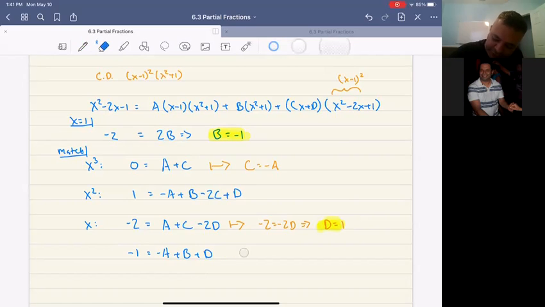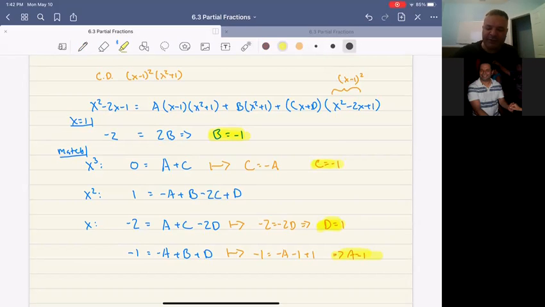Let me do it in an orange color. b is -1, d is 1, so a equals 1. Well, if a equals 1, then c equals -1.